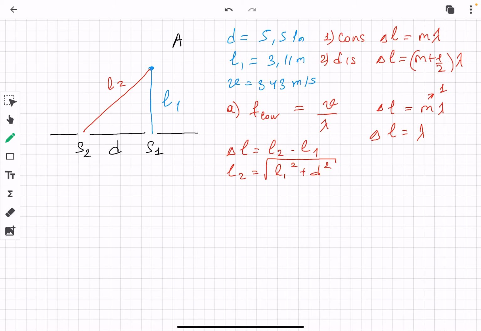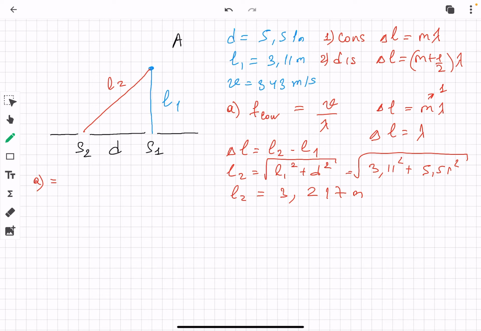So L2 is the square root of 3.11 squared plus 5.51 squared. If you do the calculation, L2 should be equal to 6.33 meters.